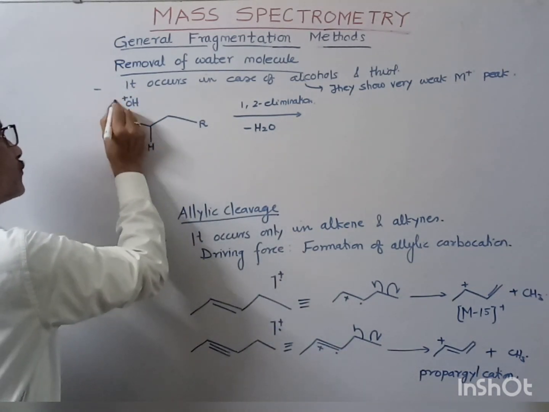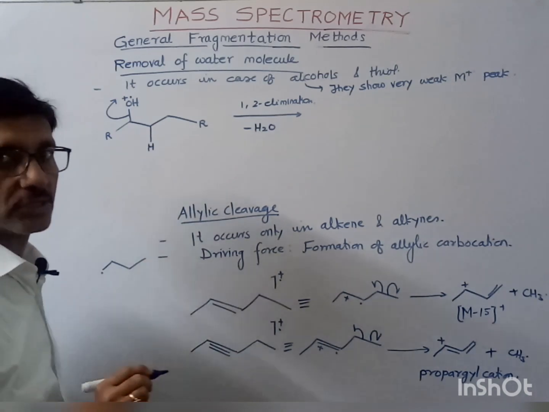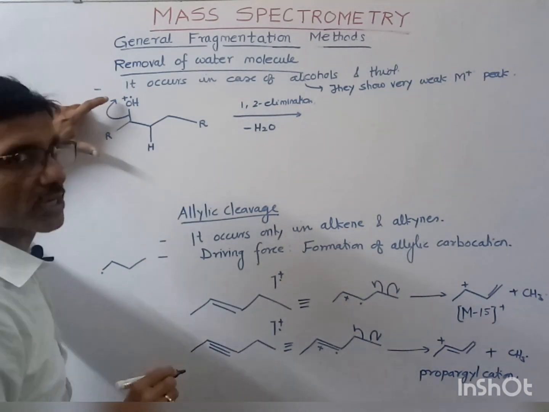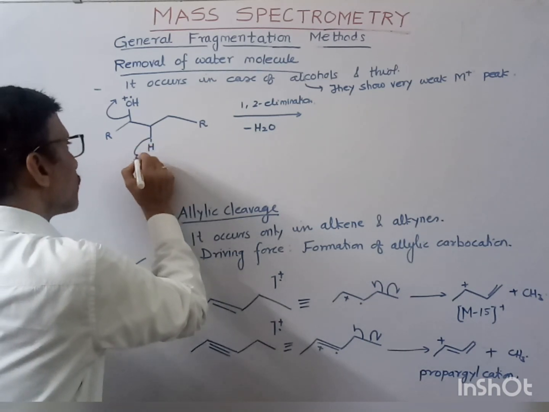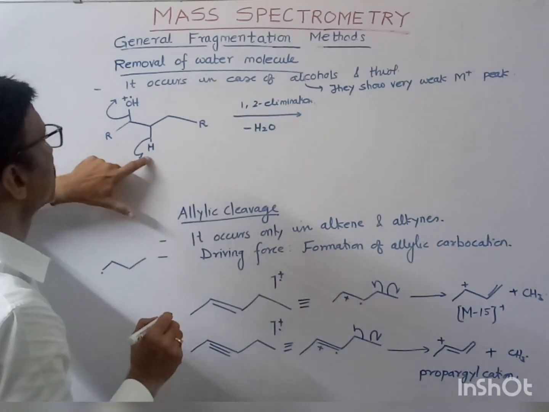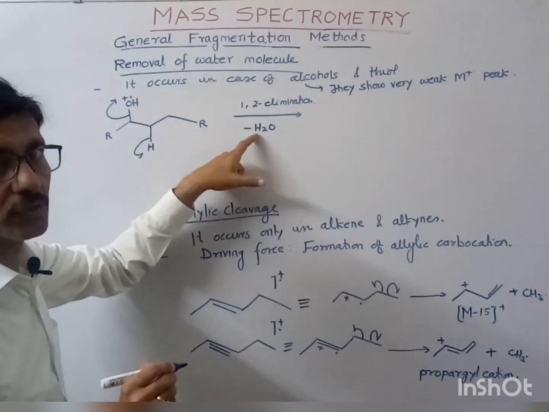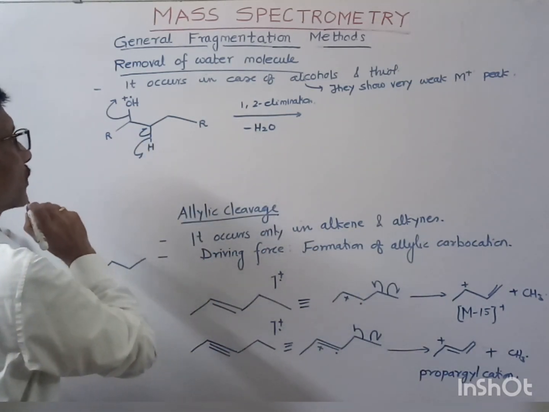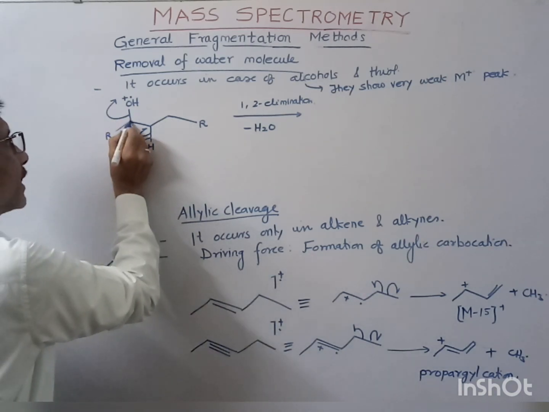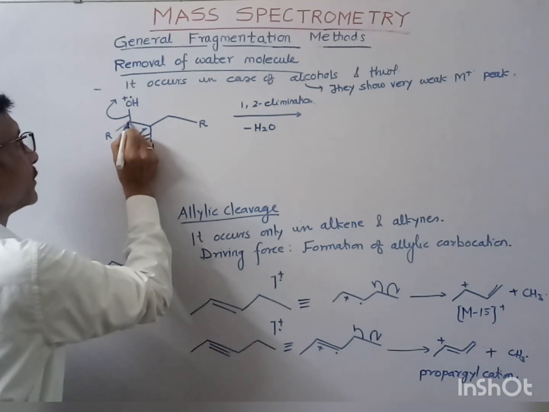So this will remove with a full arrow. We can show it by a full arrow. Positive charge is removed, and by this half arrow, this H will combine over here to give you the H2O, and the radical will come over here. Okay, so positive charge is coming at this carbon, and one of the radicals is coming over this carbon.